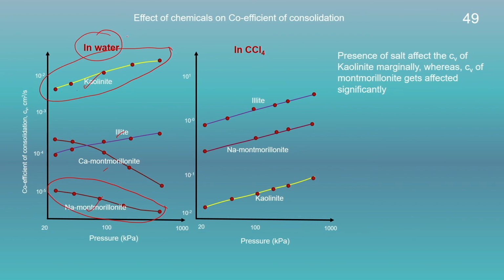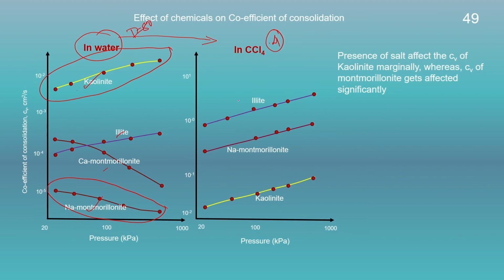But if we change the pore fluid from water to carbon tetrachloride, here the dielectric constant is around 80 and here it is around 4. If we decrease the dielectric constant, we can see a reverse trend over here.